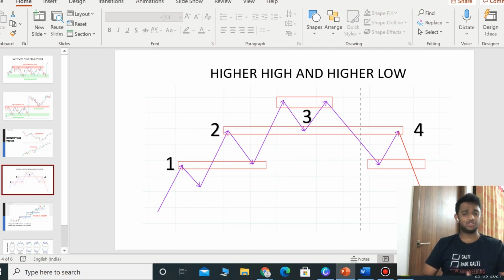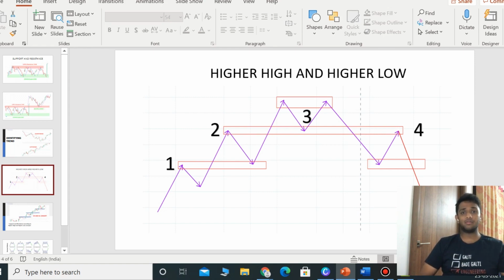At position 1, the resistance is found, and then the prices move downwards. Then when it crosses, it goes to a certain high, and obviously it cannot keep moving up. It will come down. Where will it stop?